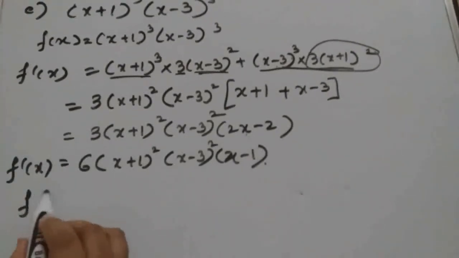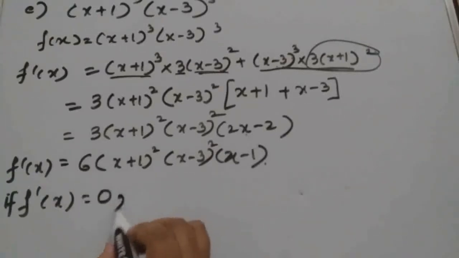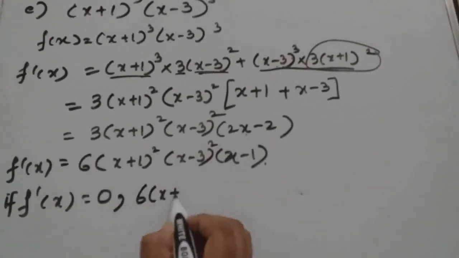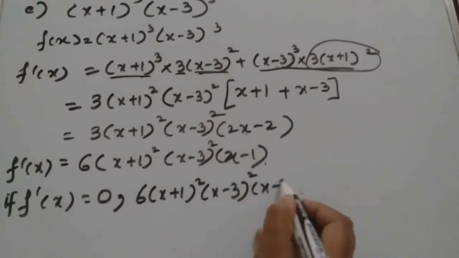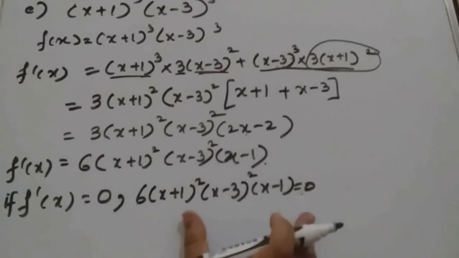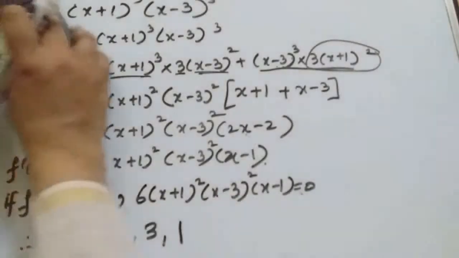So if f dash of x equal to 0, what we can write here? 6 times x plus 1 square, x minus 3 square, x minus 1. So each bracket will give x value. Therefore x value will be, from this bracket minus 1, from this bracket 3, and from this bracket 1.